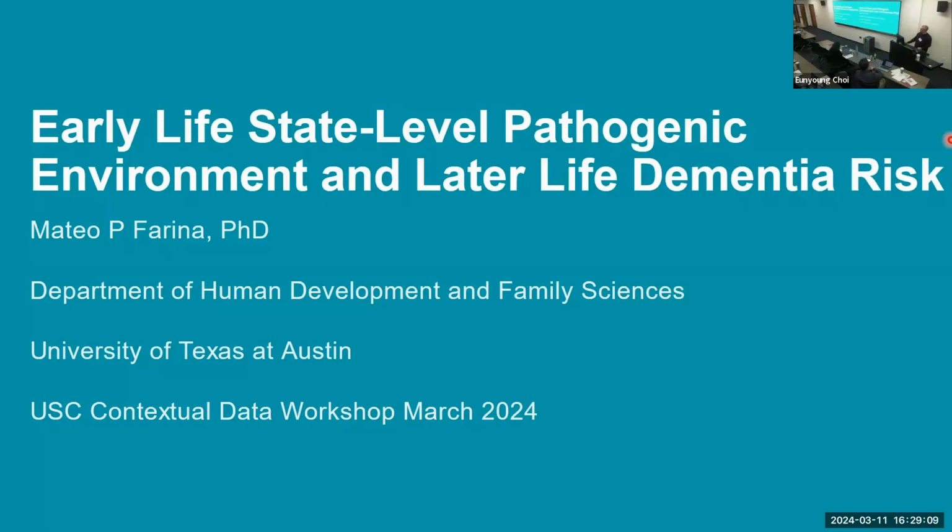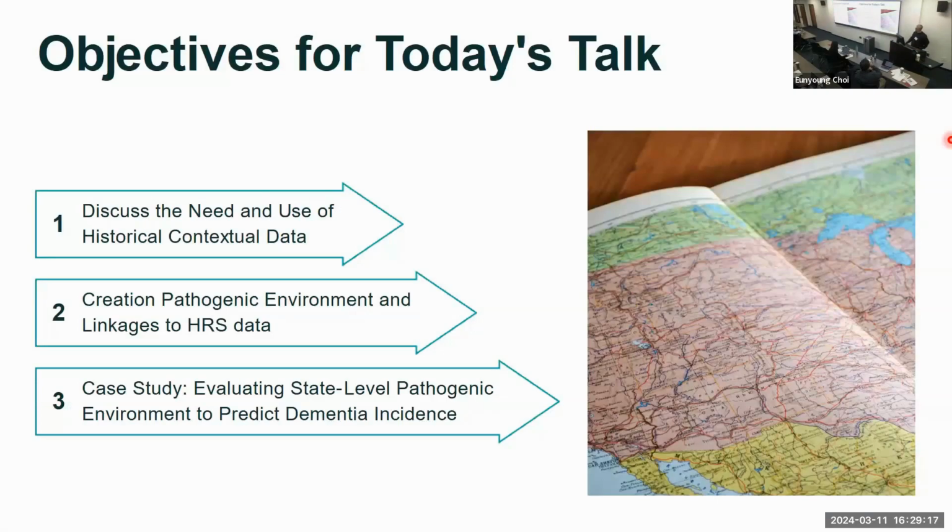So I'm going to be looking at early life, state level pathogenic environment and later life dementia risk. And today's talk, I really have three objectives. The first is really to discuss the need and use of historical context data when we think about life course trajectories and pathways, and especially when we think about aging processes. Early life is really important for development, right? And sometimes people forget that when we think about aging. So it's not just about changes, but also where we start from.